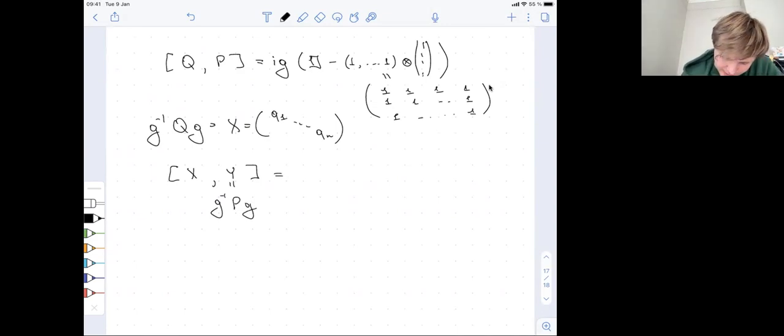And on the right-hand side, sorry, G is not very good, let me use kappa for my coupling constant. On the right-hand side, the identity matrix will stay the same, because when you conjugate the identity matrix you get the identity matrix.